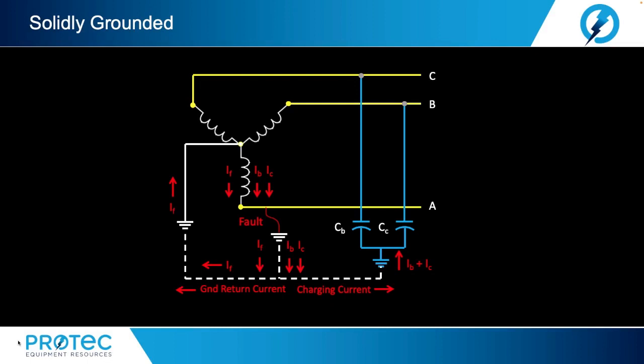When the fault occurs in the system, in addition to the charging current, the power source also feeds the fault current. The flow of heavy fault current, I sub F, completely nullifies the effect of capacitive current at the fault, so no arcing ground or overvoltages. Due to the flow of high fault current, protective relaying is possible.